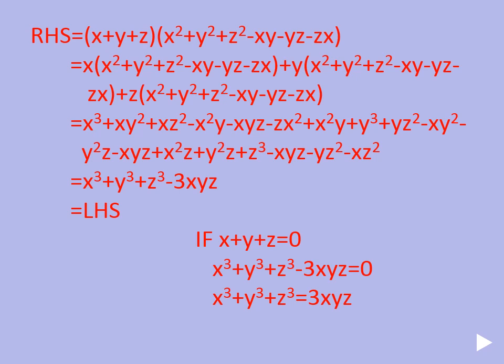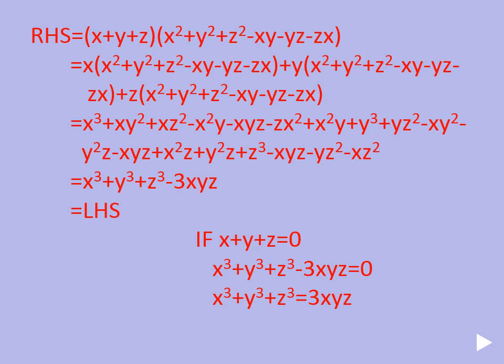Expand each bracket. x cube, similarly x into y square is xy square, x into z square is xz square, minus x square y minus xyz minus zx square. Similarly with the y, plus y into x square is x square y plus y cube.